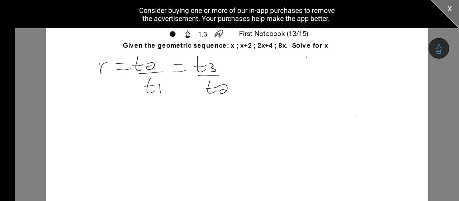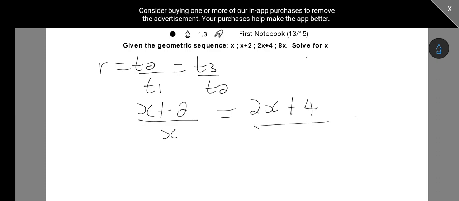In most cases, when we're solving for x, we're going to be using the ratio formula. So what is the second term? The second term is x plus 2. What is the first term? The first term is x. The third term is 2x plus 4. And the second term is still x plus 2.